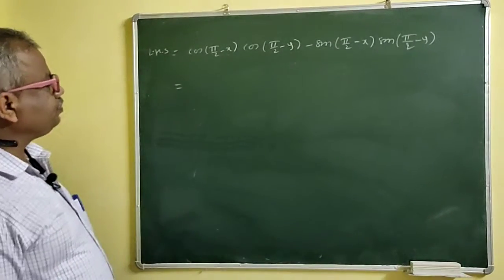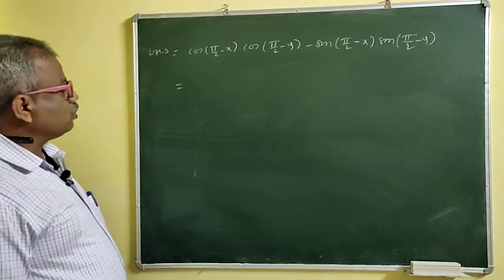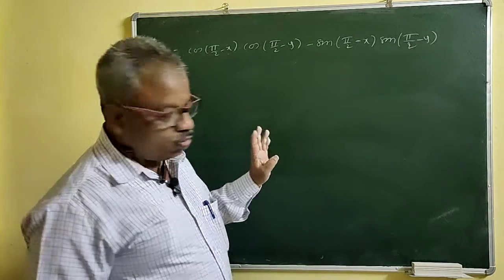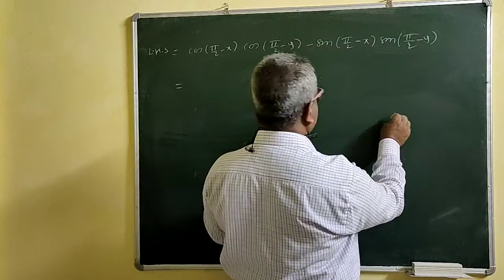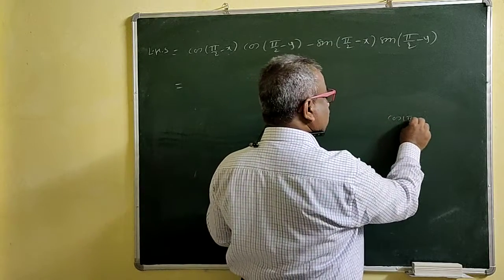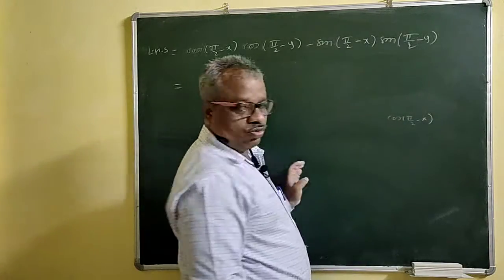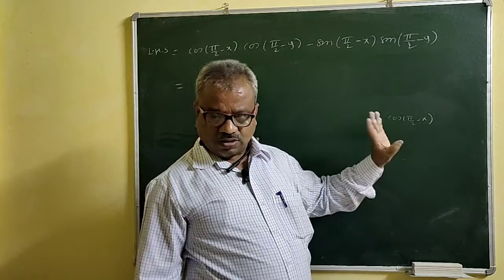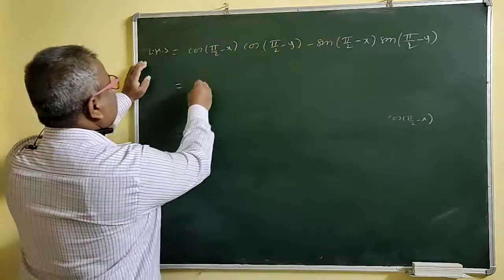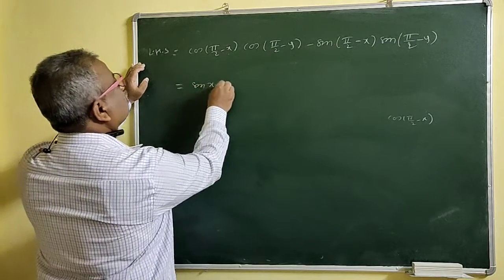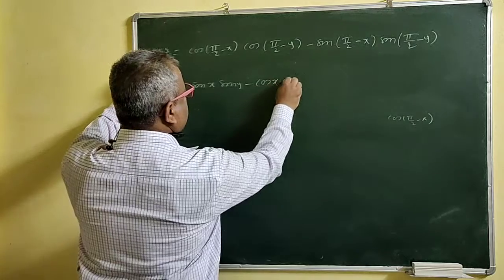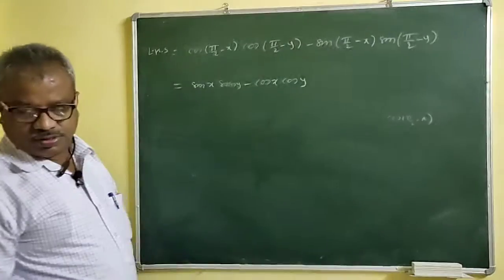What is cos of pi by 2 minus x and what is sin of pi by 2 minus x, right? In the rough work we will do this. You know that cos of pi by 2 minus x is sin x and sin of pi by 2 minus x is cos x. So here this is sin x sin y minus cos x cos y. Right?